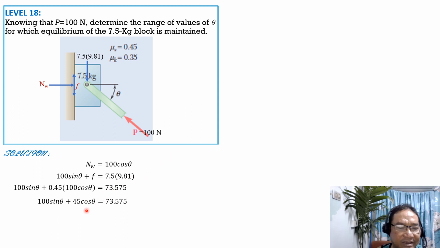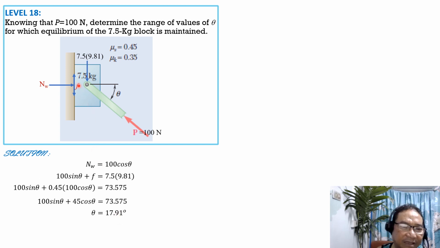You can express cosine theta as square root of 1 minus sine square theta for the algebraic calculations, or you can use your high-tech calculator to evaluate this numerical equation for theta, or by trial and error. Solving for theta, theta is equal to 17.91 degrees. So it is 17.91 degrees for minimum theta.